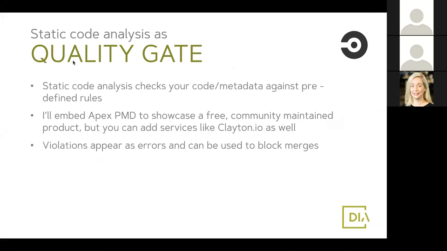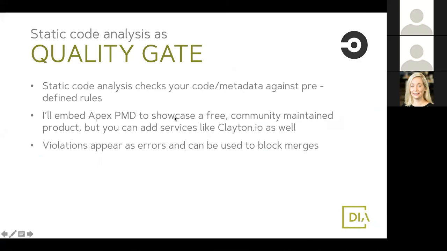But for this use case, I embedded Apex PMD because Apex PMD is free. It's configurable, it's easy to extend, and it's actually a really cool project that a bunch of people put their energy into building rules to help others to have better code.